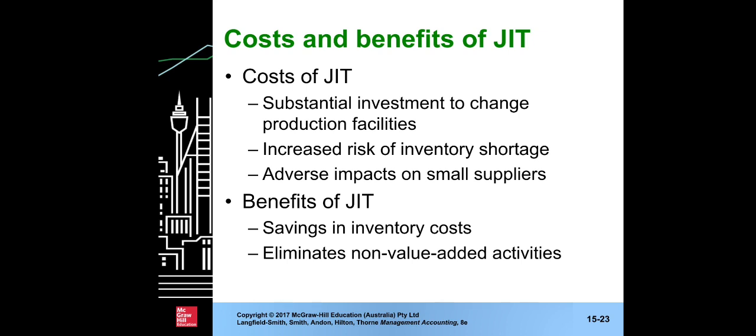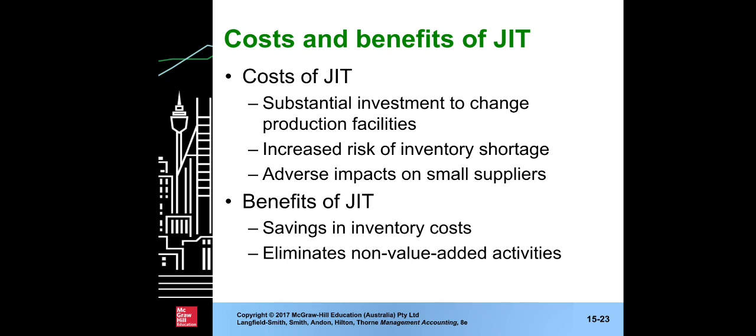First, saving in inventory costs. So if you have a business, your business will get benefit, firstly, by saving in inventory costs. When you use JIT, you do not need big space to keep your inventory, because you only order the inventory when you need it.